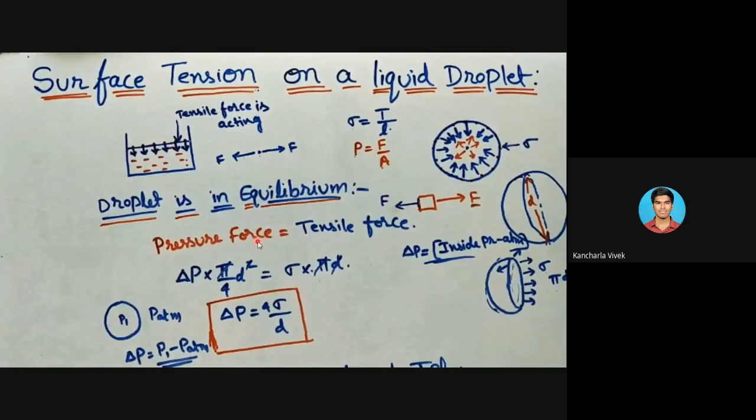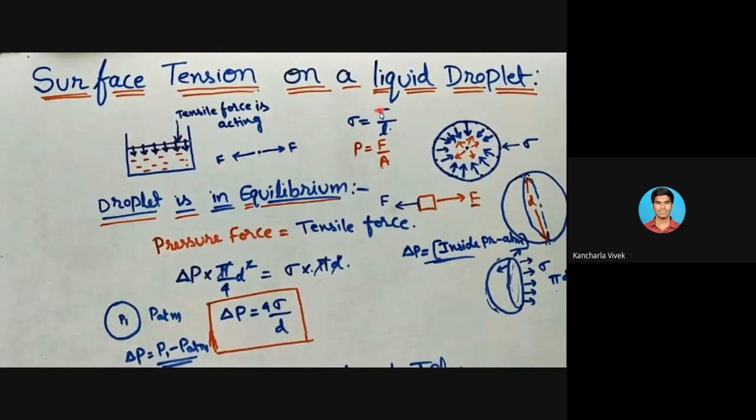The pressure force is F, and the tensile force is T. So stress equals force by area. Surface tension equals tensile force. Where is it acting? On the length, the outer circumference. Surface tension equals tensile force per length, whereas stress equals force acting on the whole circular liquid area.